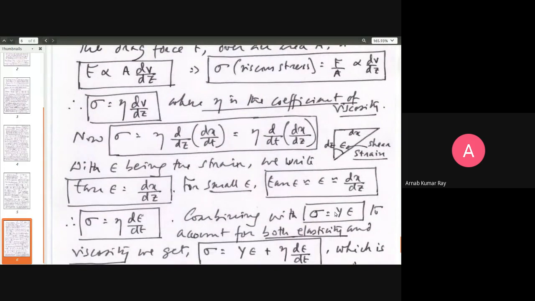So it is as if, because of this differential motion between two adjacent layers, differential motion meaning that two adjacent layers are traveling with different velocities, this thing is getting pulled out of shape.